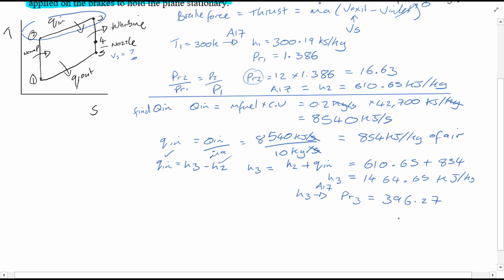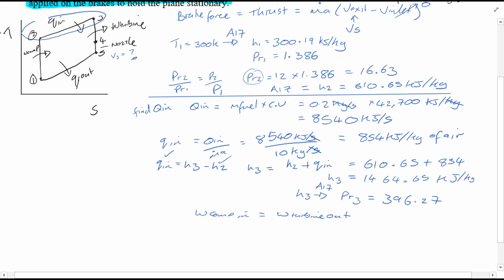Now remember the jet propulsion cycle, the turbine is just to drive the compressor, so we know that W comp in is equal to W turbine out.